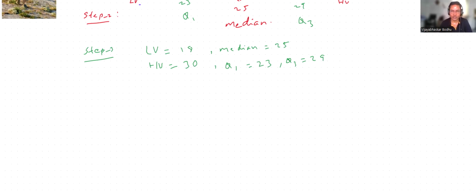The least value is 18 and the highest value is 30, so the range is 12. You can take scaling of 1 each. The least value I am writing here, 18, and then 19, 20, 21, 22, 23, 24, 25, 26, 27, 28, 29, and 30 is here. Let me write all the numbers.